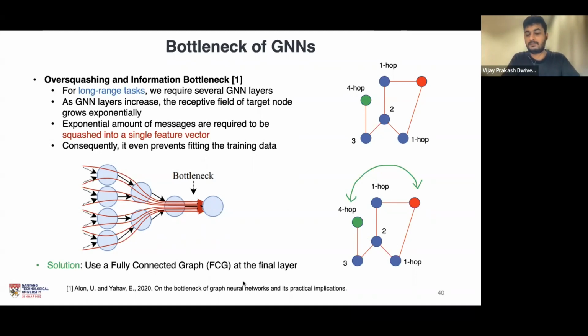Note that this is just performed at the final layer. If we perform a fully connected graph at each layer, then we may lose the graph structure information, the sparse structure information that we have in the graph, and that's actually very useful. We may lose that, but just having this at the final layer provides a remedy for this problem of over-squashing, and it allows critical information in long range tasks to reach the destination node.